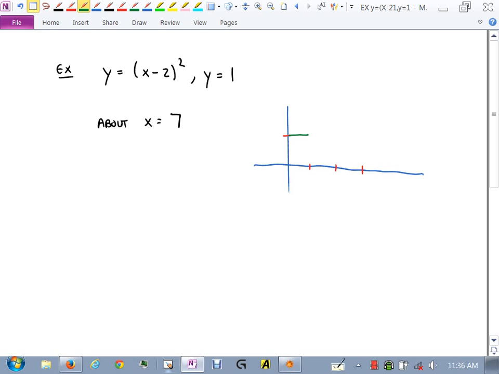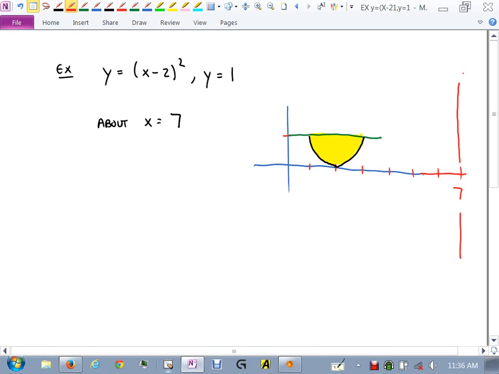We had y is 1 here. We had our parabola, went up like this. We had our region. And then over here, 3, 4, 5, 6, 7's out here. We want to rotate around this.